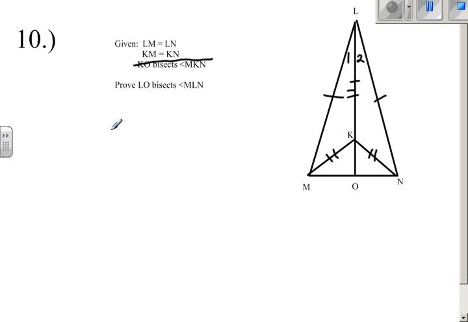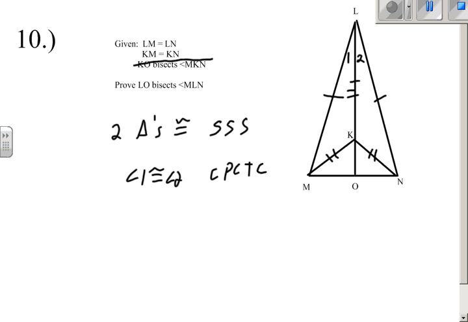So first I prove the two triangles congruent by side, side, side. And then I'll say angle 1 is congruent to angle 2, and that'll be CPCTC, and then I'll have a bisector by definition of bisector. And that's it.